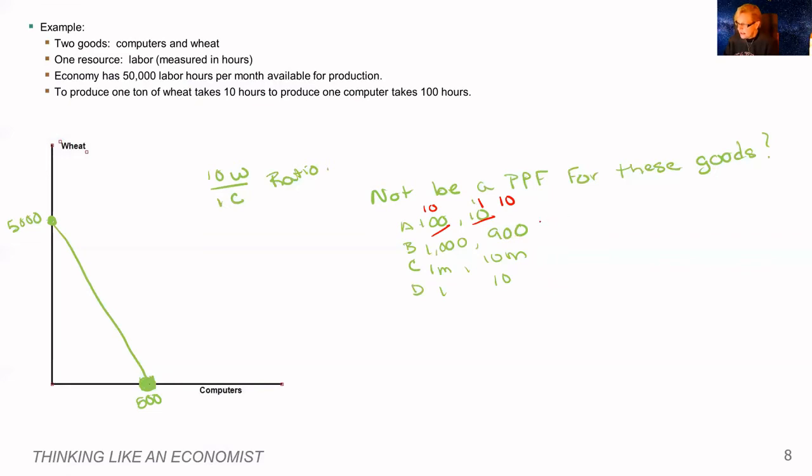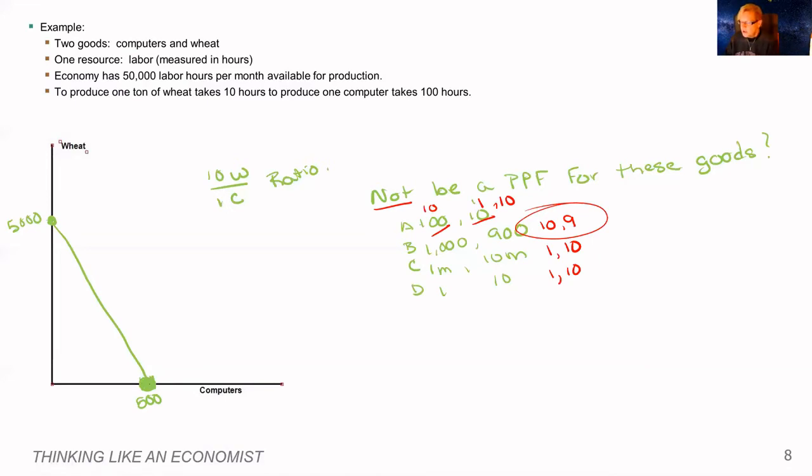So that's a 10 to 9 ratio. The highest number here is 1,000,000. So that's a 1 to 10 ratio. And the highest number here is 10. So that's a 1 to 10 ratio. As you can see, A, C, and D all fit. The one that is not on the production possibilities frontier would be B. So you'll see those types of questions as well.